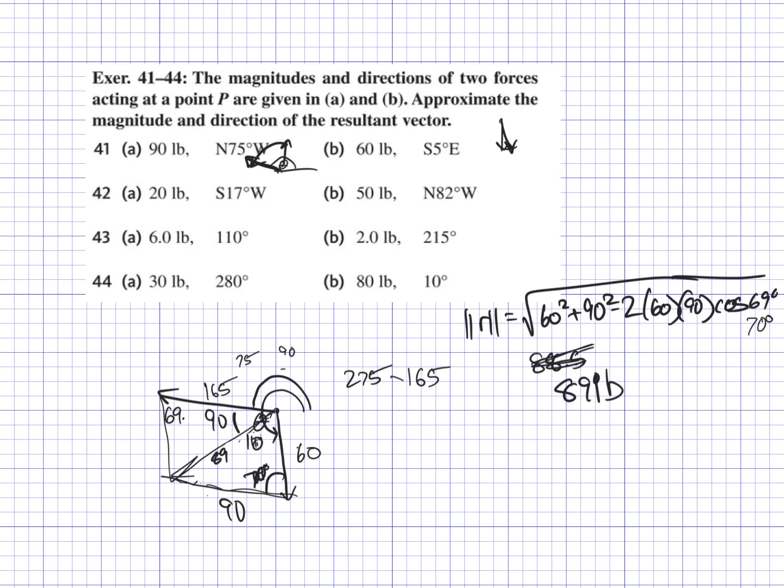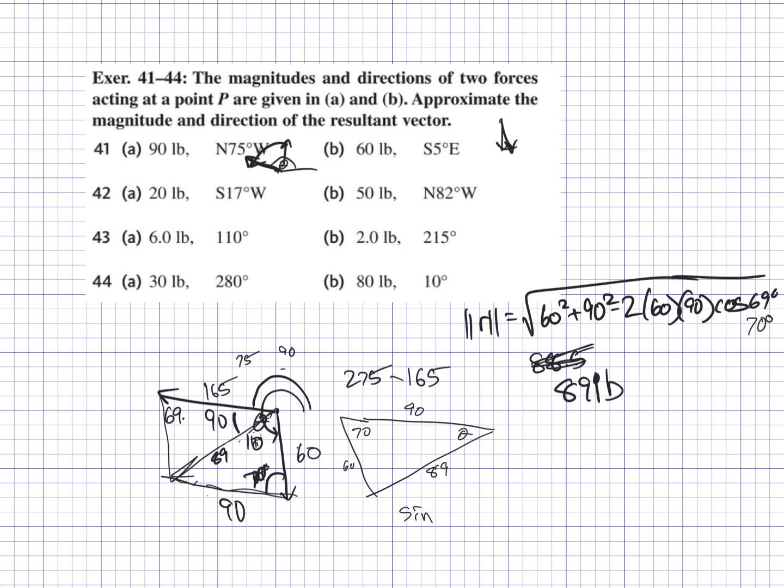All right, so how do we get this other angle? Again, we would have to use either law of sines or something. I'm going to draw it out here, this part of the triangle. So this is 70, this is 60 for length, this is 90, and this is 89. So you can use the law of sines.